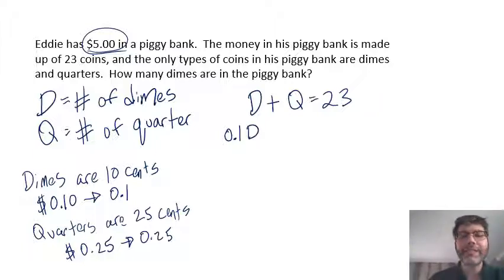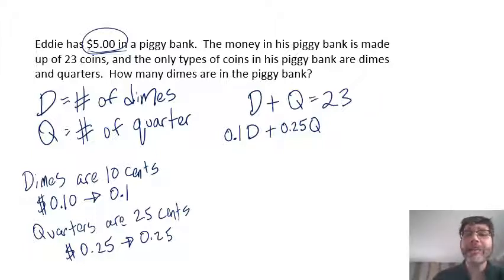For quarters, each quarter is 25 cents, so we multiply 0.25 times the number of quarters, which gives us the quarter money.